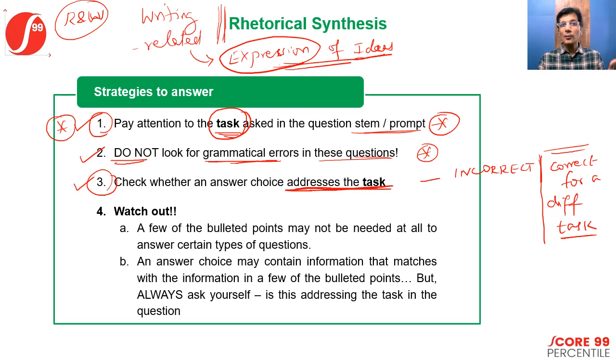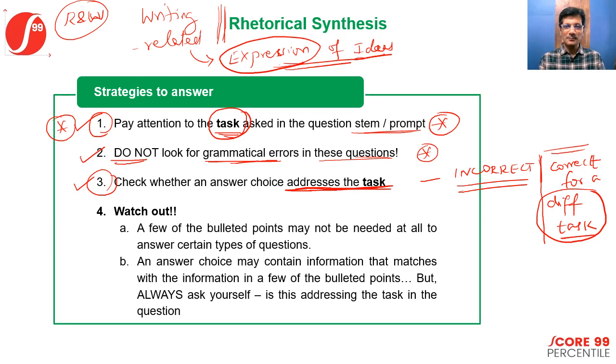They know that you've read the context, they know that you've read the bulleted notes, they know you've understood those bulleted notes. They will include an answer choice that matches with your understanding of some of those bulleted notes. That understanding, there's nothing wrong with that understanding. But what you have to always check for is, is it addressing the question or not? It is correct in a different universe. But if it is not addressing the question, it means that it is definitely incorrect.